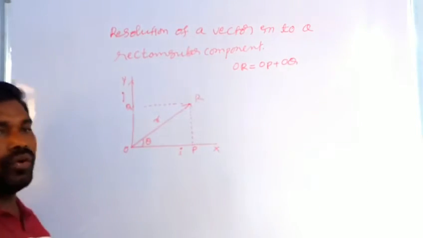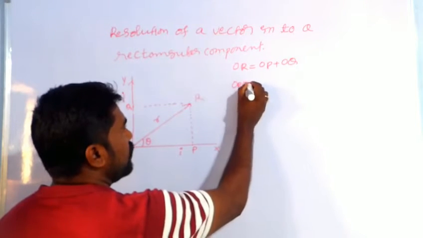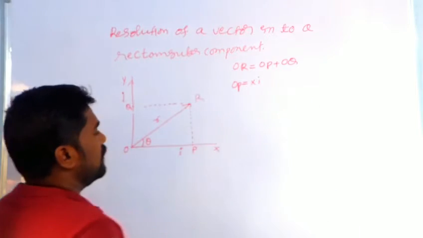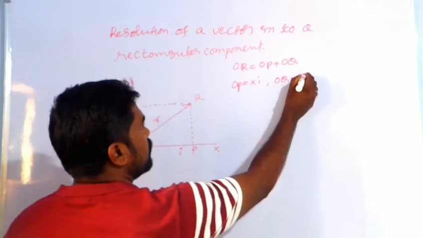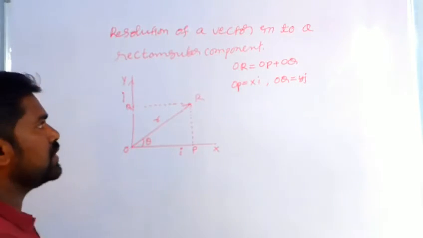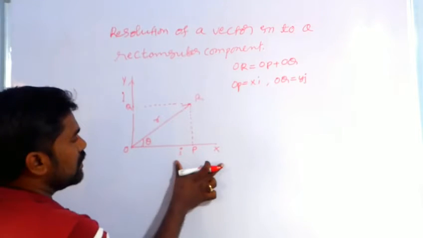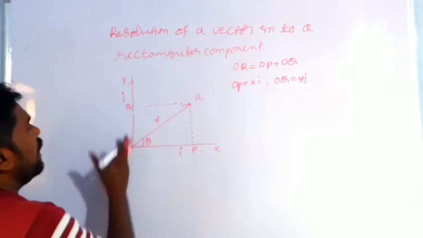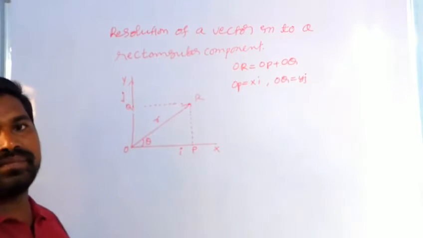OP equals xi and OQ equals yj, where xi is the horizontal component and yj is the vertical component.